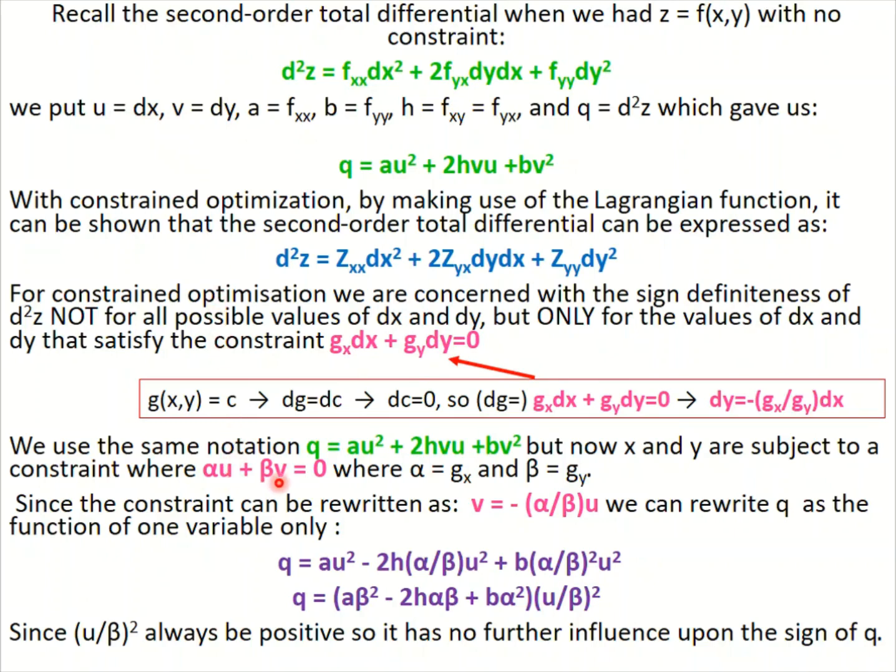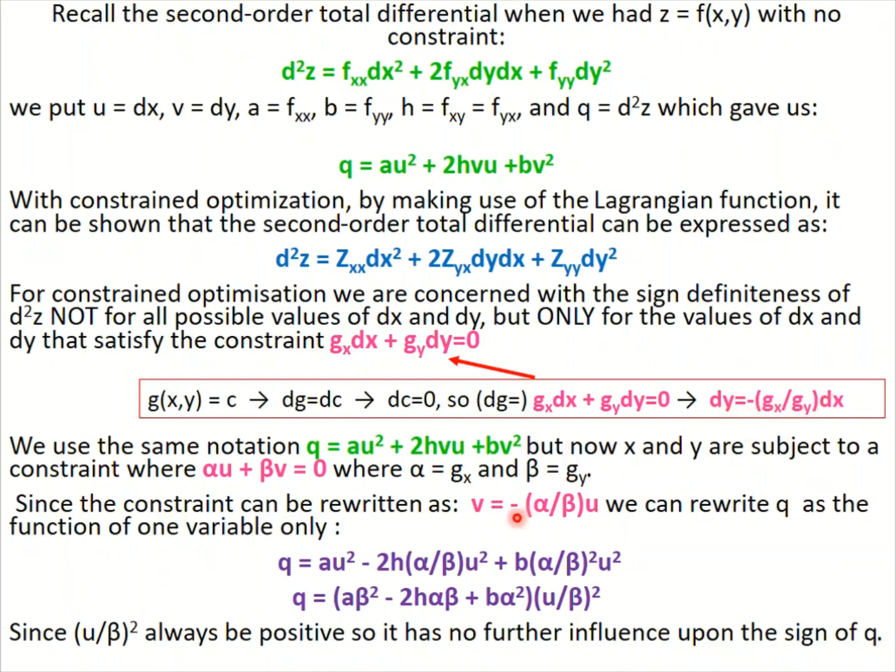But what we can now do is, by rearranging this here, we can set it out as v equal to, and taking everything else across to the other side, we'll end up with this expression here, which is nothing other than what we worked out up here.